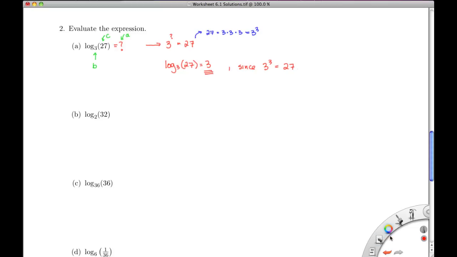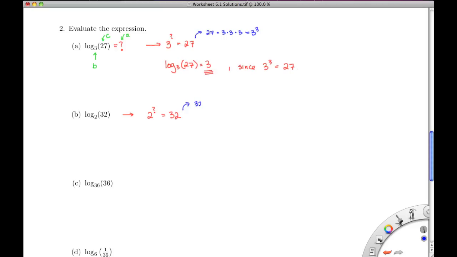All right, so let's try this next one. So log base 2 of 32 is equal to what? Well, let's give it an exponential form. So 2 to the power of what is going to be equal to 32? Well, let's see if we can express 32 as a power of 2.